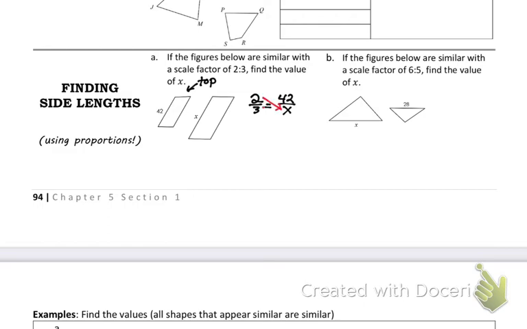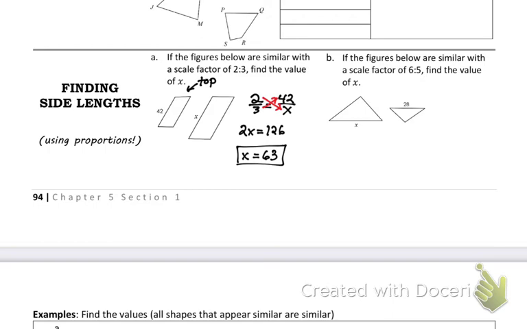We're going to do a quick cross multiplication here to get us 2x equals, what is that, 126? Okay. And then we divide by 2, and x would equal 63. What was that, Ty? Okay, cool. So we have x equals 63.